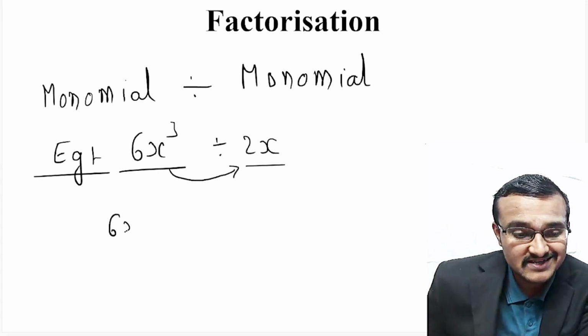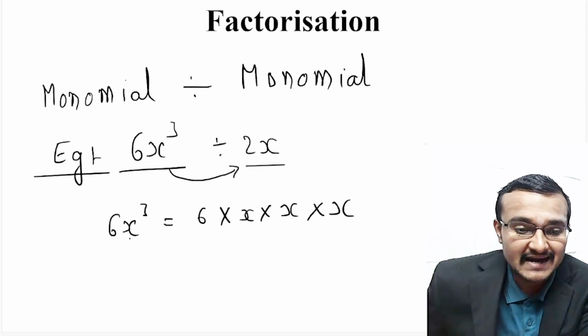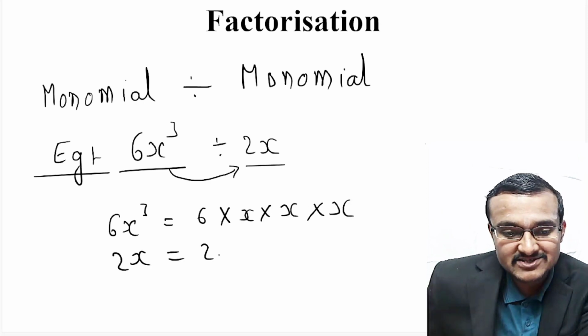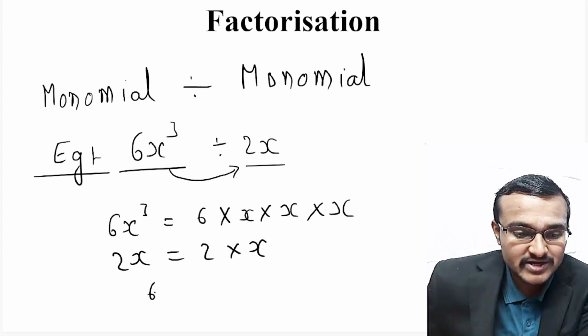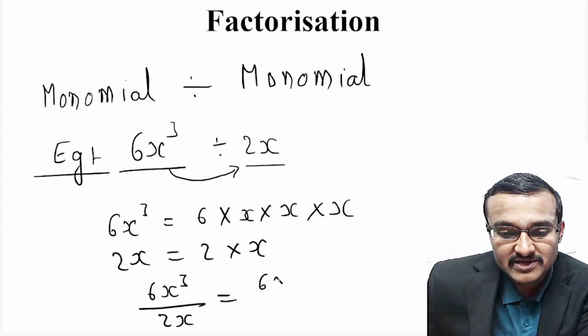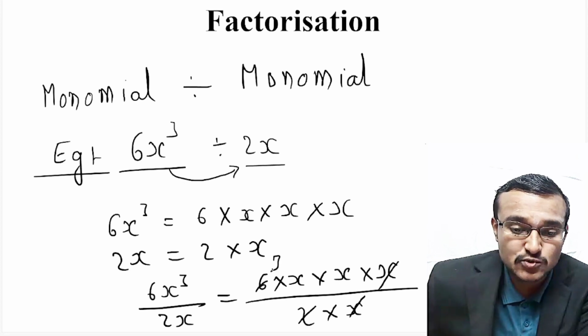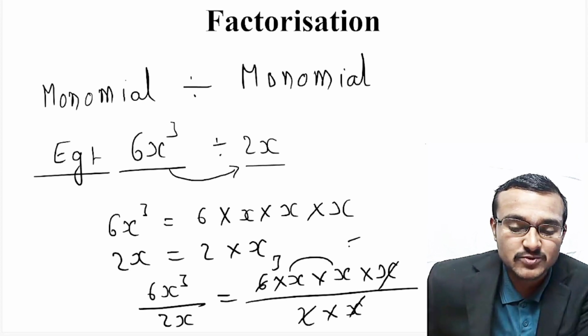So here 6x cube can be written as 6 into x into x into x, and 2x can be written as 2 into x. So when you take 6x cube divided by 2x, then that will be equal to 6 into x into x into x divided by 2 into x. Here x gets cancelled, 2 ones are 2, 2 threes are 6. x into x will be x square. So the answer will be 3x square.